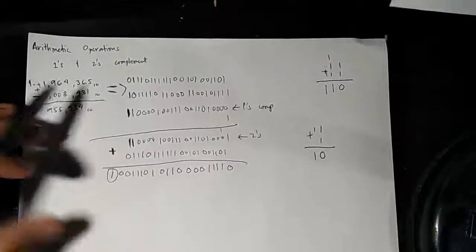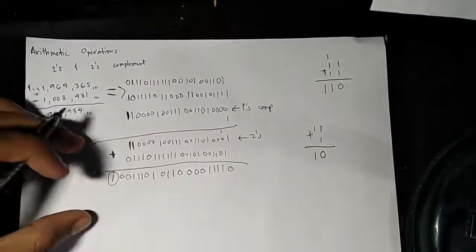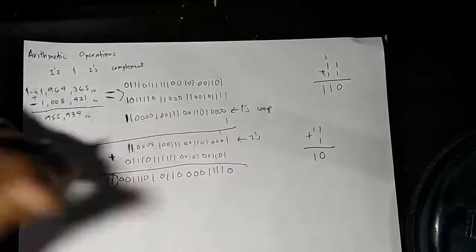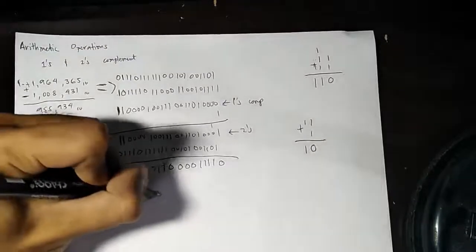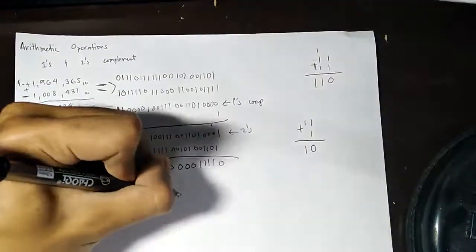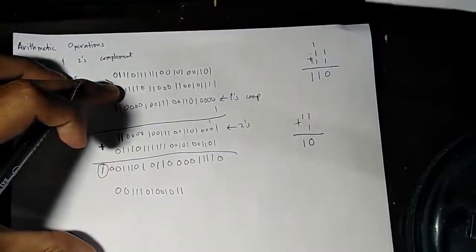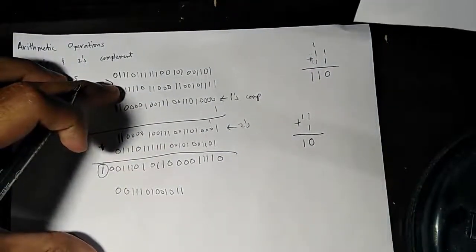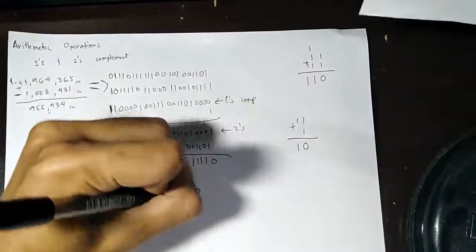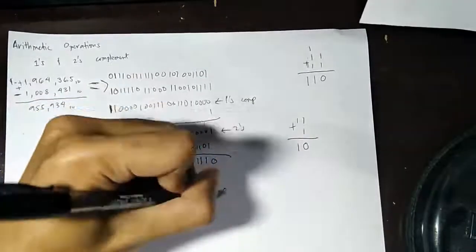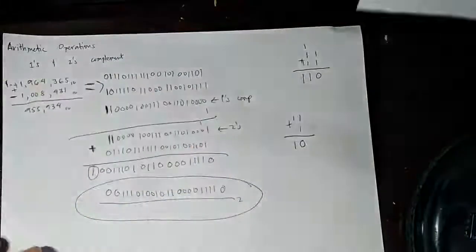This excess will be disregarded, and the final answer will be 0 0 1 1 1 0 1 0 0 1 0 1 1, 0 1 1 1 1 0. And that is in base 2. That is the final answer.